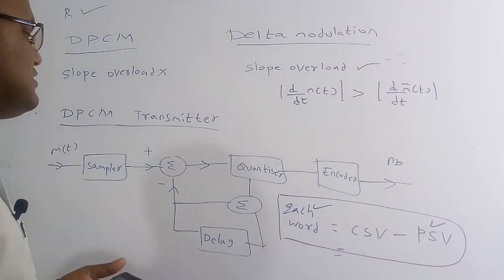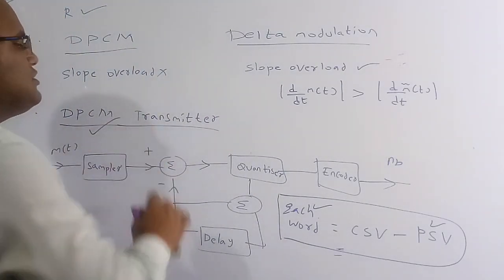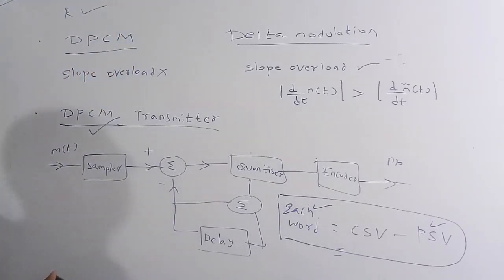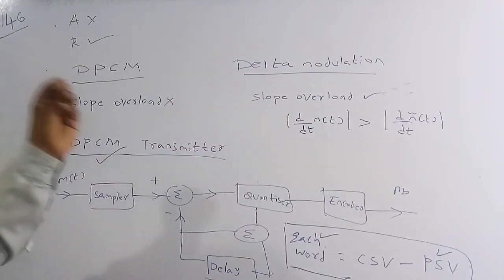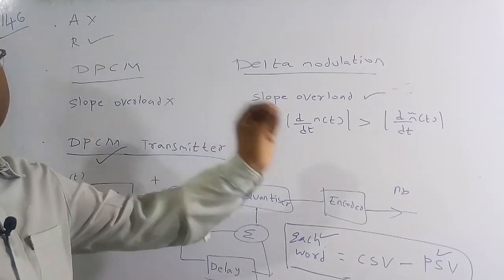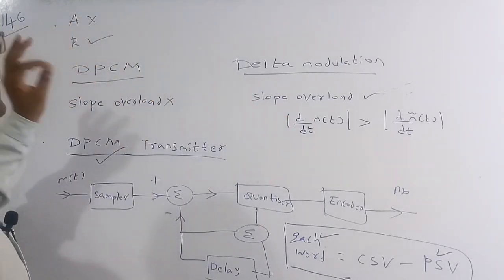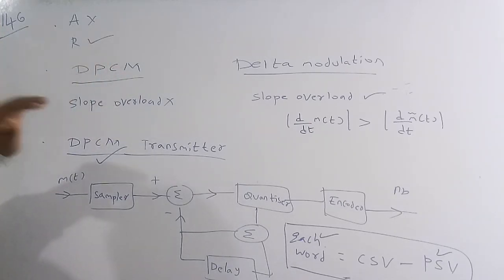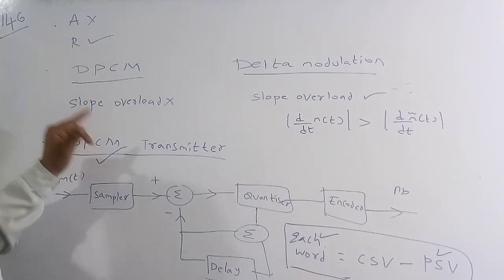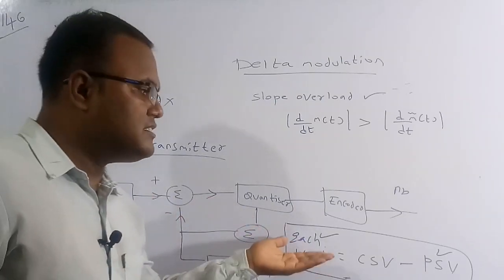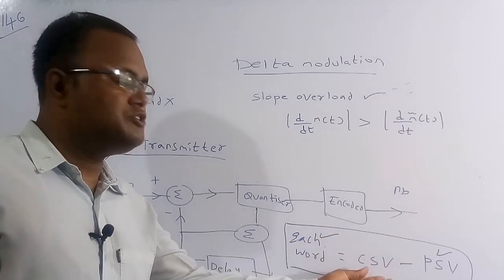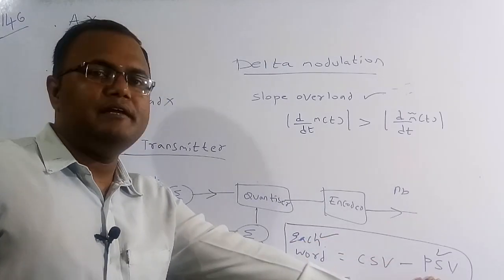Therefore the slope overload problem occurs only in delta modulation; it is nowhere related to differential pulse code modulation. And in differential pulse code modulation, the adjacent sample correlations do occur, because to get a new word it uses the current sample value and also the previous sample value.